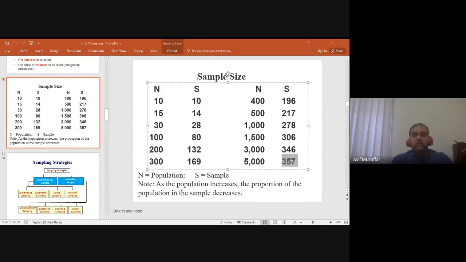But maybe the young doctors working in the hospitals in some villages have a different idea, a different response. So if you are selecting a sample like this, it is the same as that one. I gave you this example before.